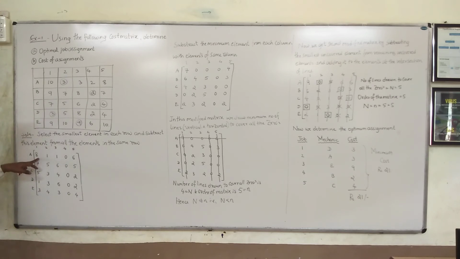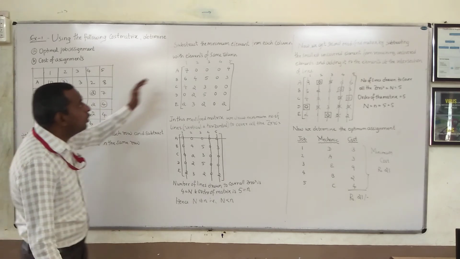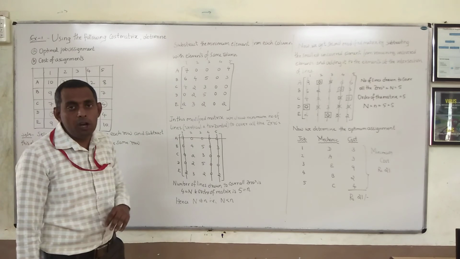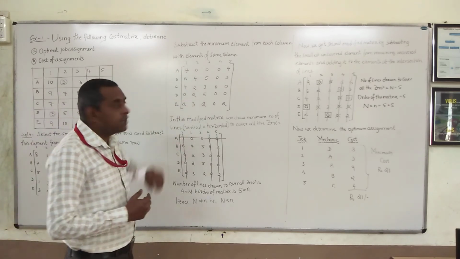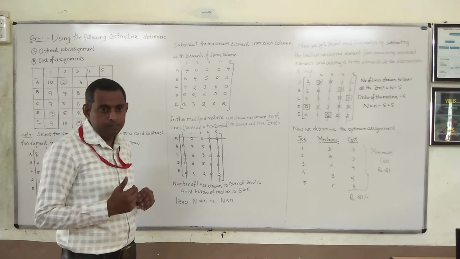So this is what I am doing here. So I got the cost matrix, which I will call the row subtraction. Once we get this matrix, go for the column subtraction. The column subtraction is like subtracting the minimum element.